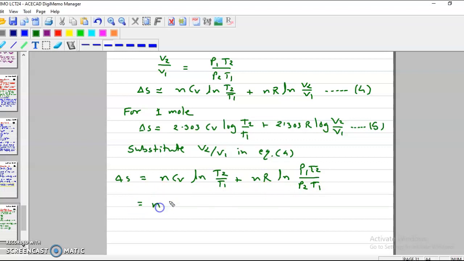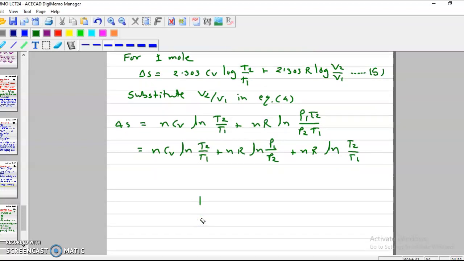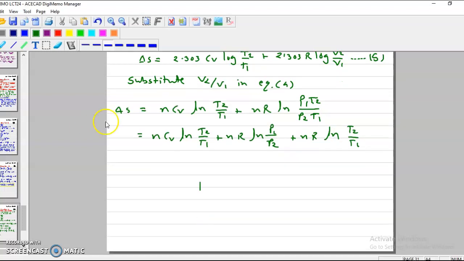This is equal to nCv ln T2 upon T1 plus nR ln P1 upon P2 plus nR ln T2 upon T1. So here ln T2 upon T1 is common for these two, and therefore we can combine them.